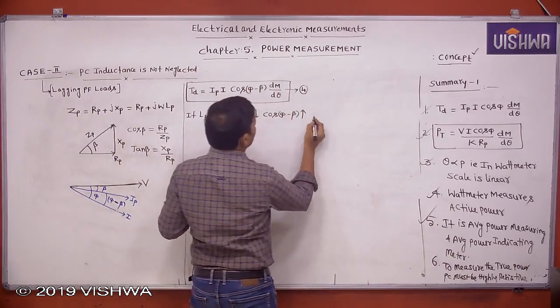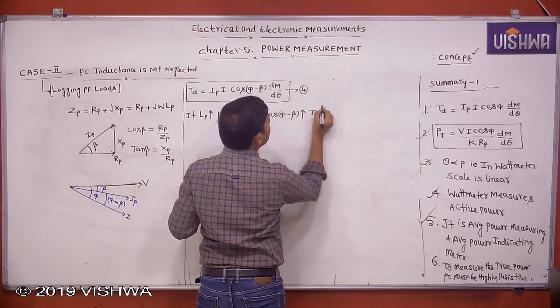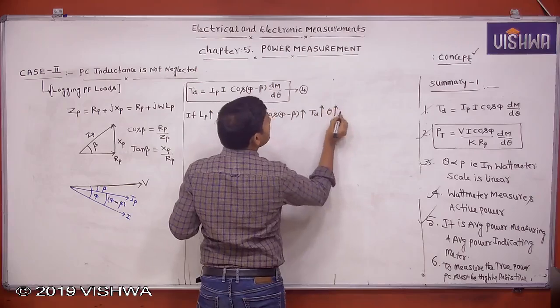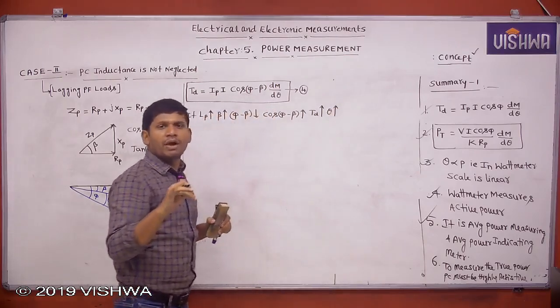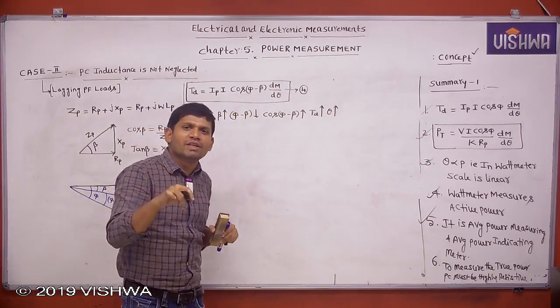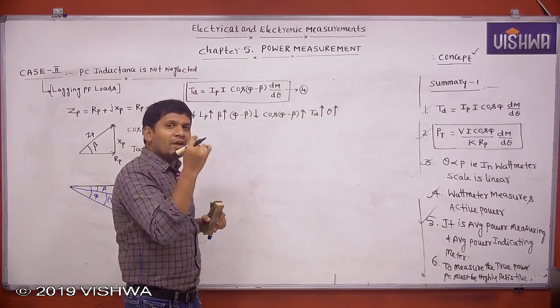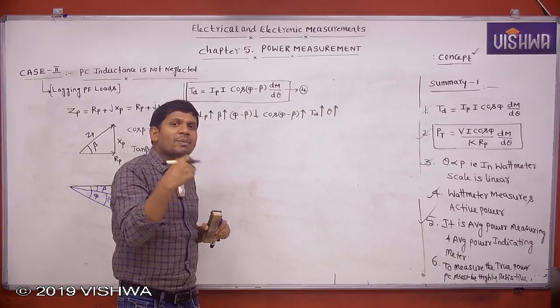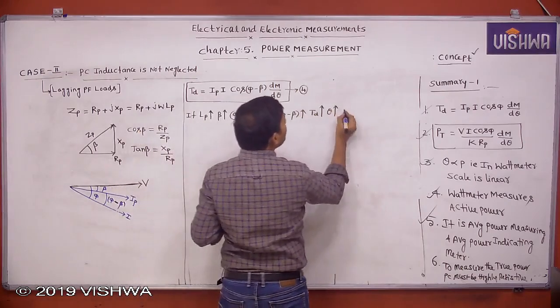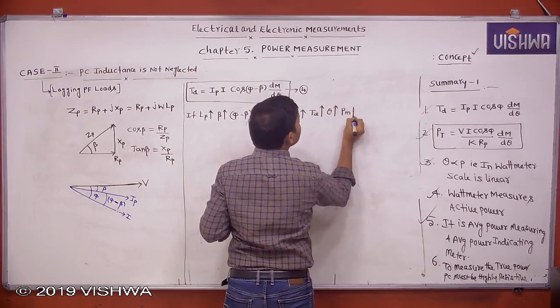That's why Td increases, and the deflection of the pointer increases. In this case, does the deflection of the pointer indicate true power or measured power? Yes, it's the measured power. You have already seen the true power expression, but here we don't get the true power expression because of the pressure coil inductance. So theta increases, which means the measured power also increases.